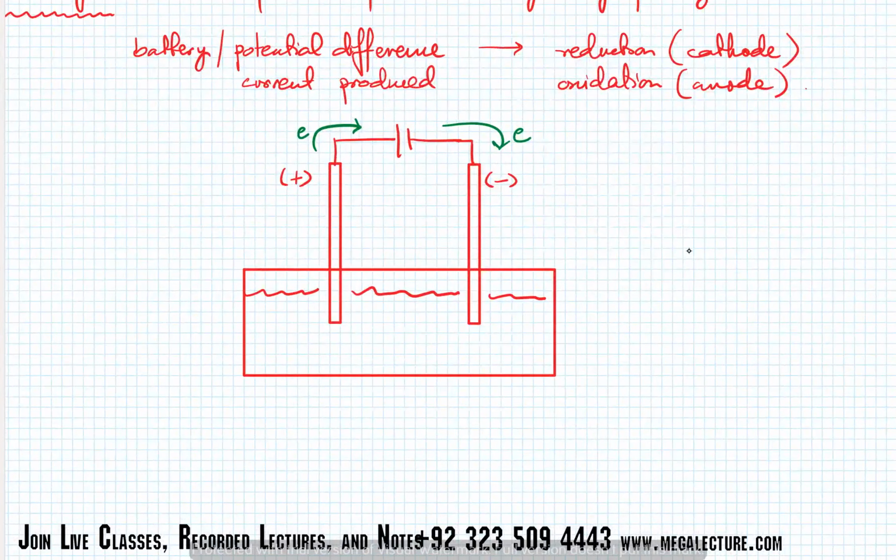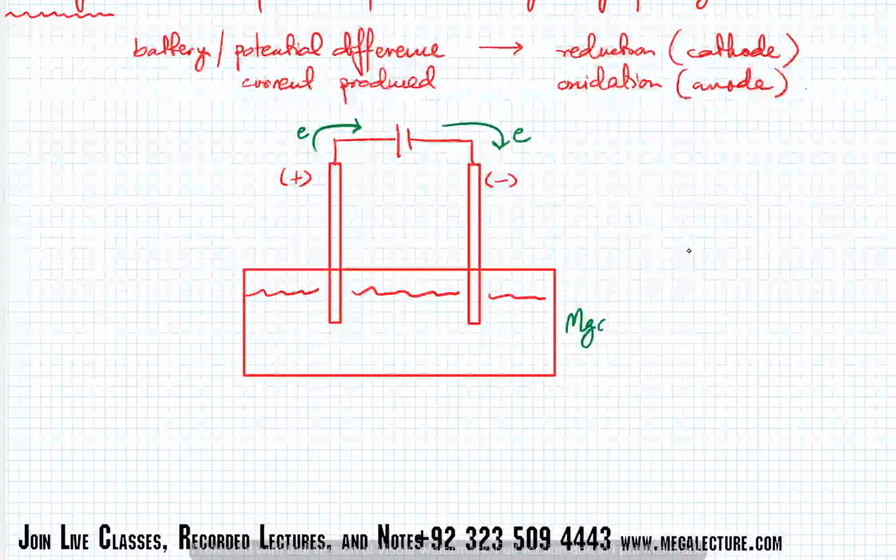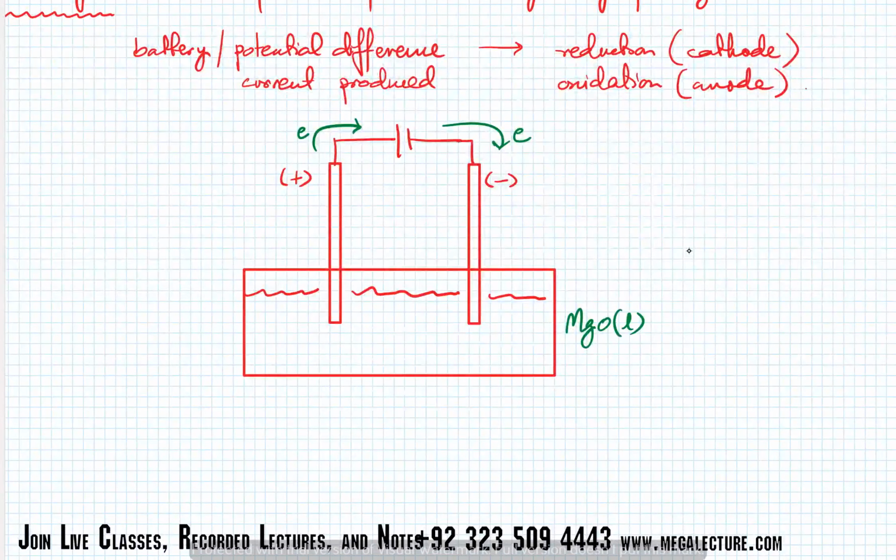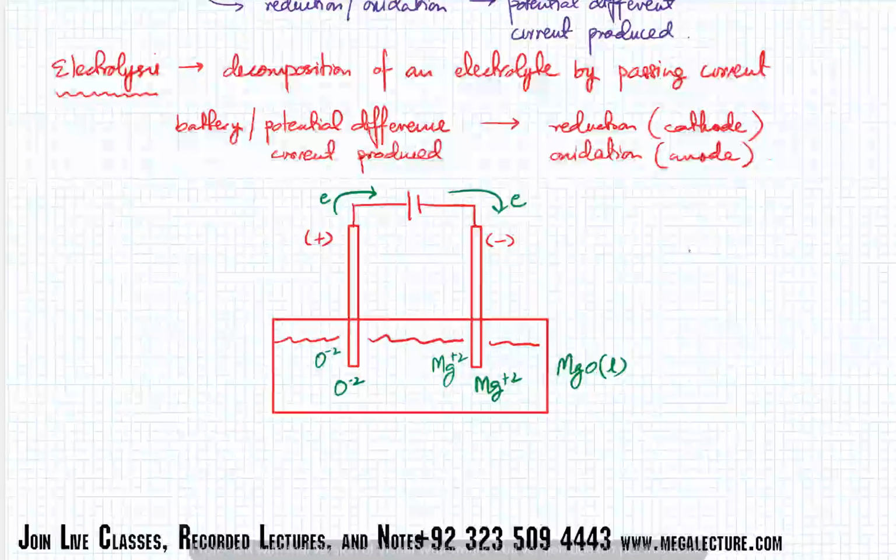So if you have molten magnesium oxide, liquid state, you've got magnesium ions which will be attracted to the cathode, and you're going to have oxide ions which will be attracted to the anode.